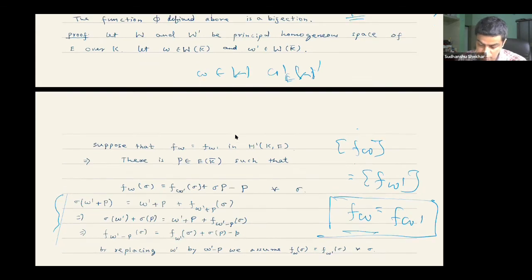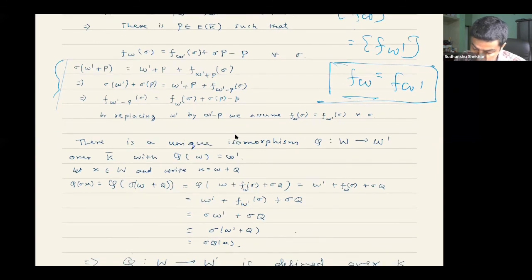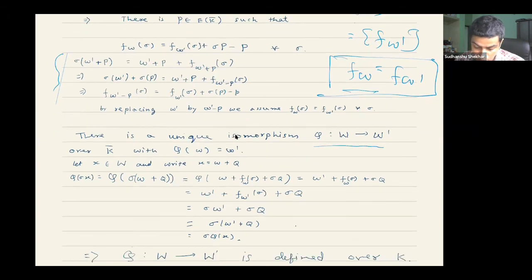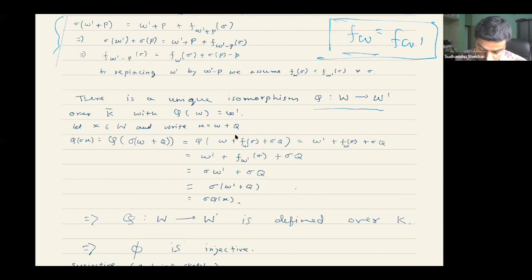So we get the unique isomorphism φ from W to W' over K̄ with φ(w) = w'.